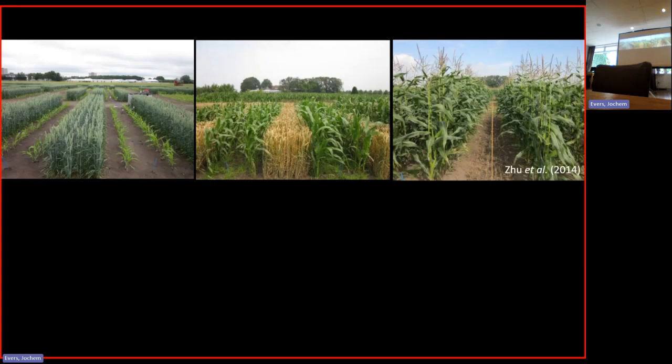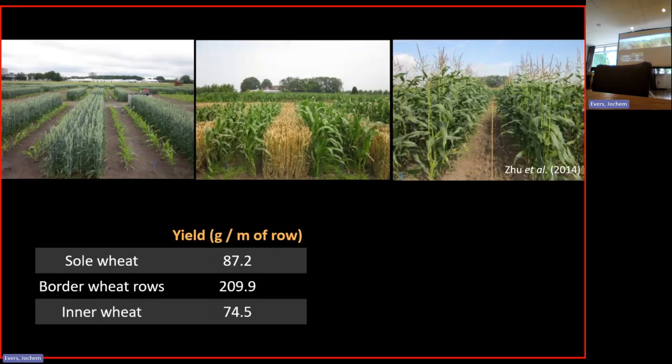And we did a couple of observations in this particular setup. What people find in this particular intercrop is that if you look at the yield in grams per meter of row, and we also have the monoculture wheat, obviously, you would get around 87 grams per meter in the sole wheat.